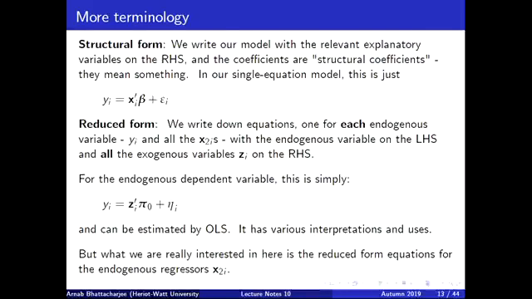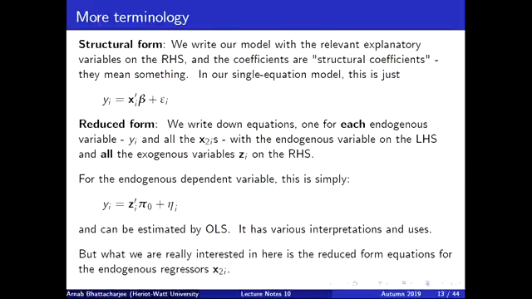Reduced form is writing down each of the variables here, in particular the endogenous dependent variable, as a function of the instruments, which are purely exogenous. There are going to be coefficients in that equation, but these coefficients do not have an economic interpretation. That is why these are reduced form, but they are estimable. Why? Because the instruments themselves are exogenous. So you can regress them, but you do not have any interpretation for those.